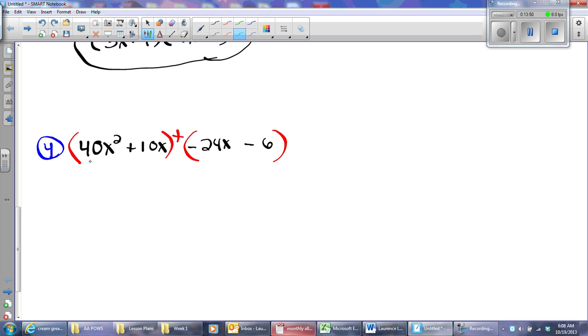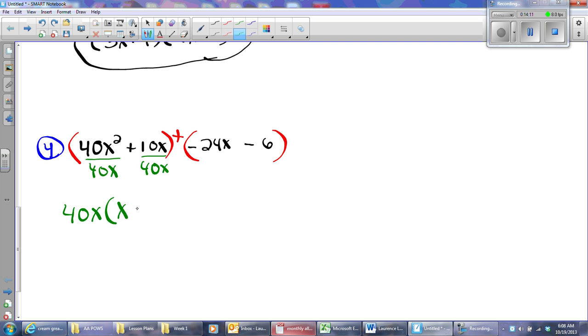Okay, so I'm looking at this first quantity, and I'm seeing 40 and 10. I believe the GCF part will be 40, the numerical part, and the variable part is going to be x. So I am going to pull out a 40x, and it looks like I'm going to be left with an x in the first part.